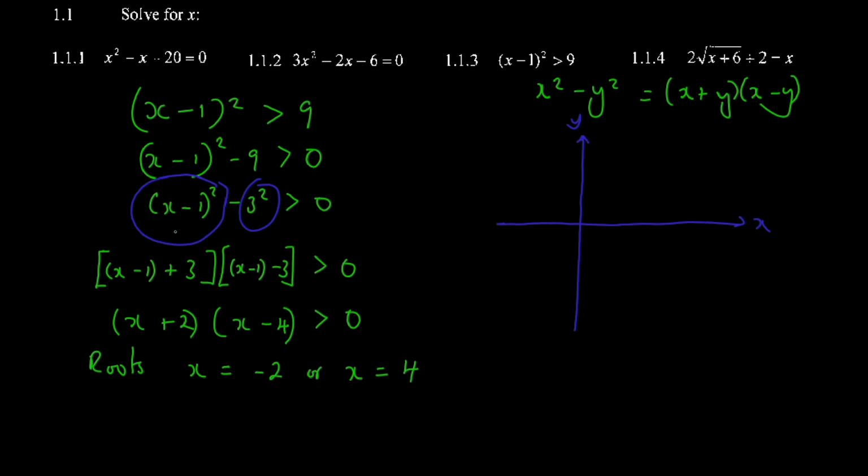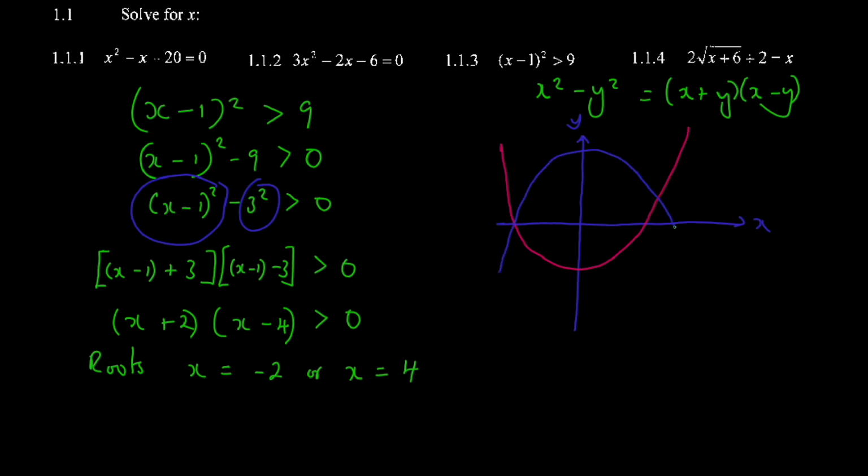Why? Because the coefficient of x² in this case is positive. If you expand this, you actually get x² plus the rest of the expression. If the coefficient of x² is positive, then our graph is smiling. I'll draw it smiling as opposed to frowning; frowning would be this.